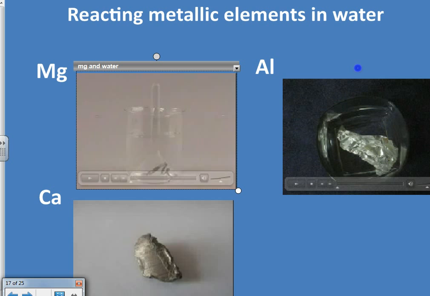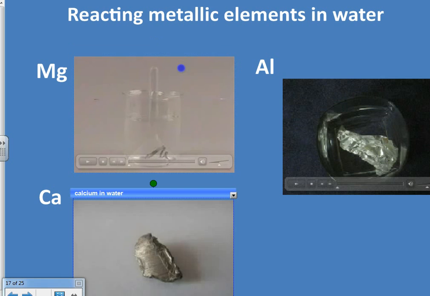We want to see which one's more reactive, magnesium or calcium, and whether reactivity increases or decreases as we go down a group. Magnesium compared to aluminum, they are in the same period, so we are going to see what happens with these metals in water as we go left to right within a period.